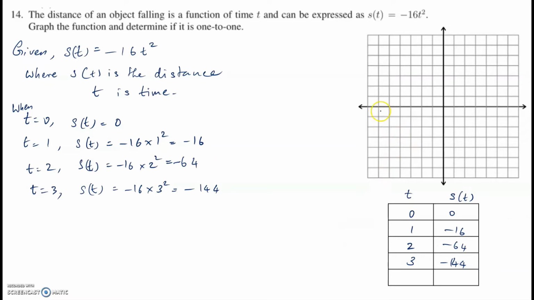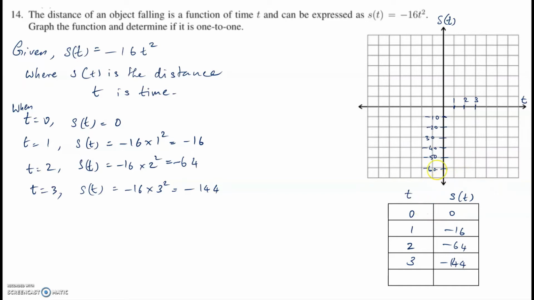So let's start to plot these points. So let's call this 1, 2, 3 on the x-axis, which is t, and let's call this s of t, and let's plot. Let's take 10, minus 10, minus 20, minus 30, minus 40, minus 50, minus 60.